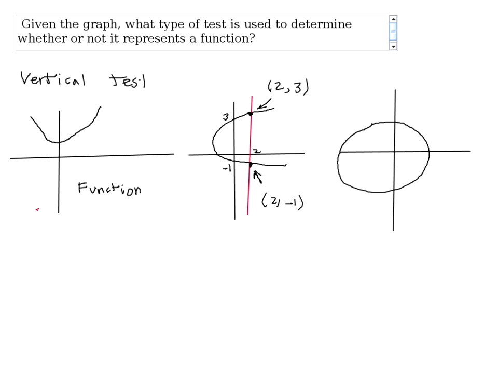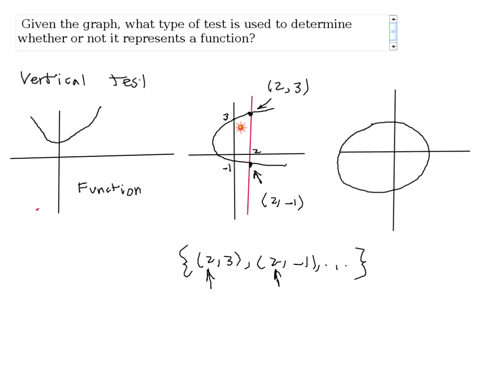So if you look at the set of numbers that represent any graph, if you detect points that share the same x value, what that means is you have 2 points right on top of each other. In other words, you're going to violate the vertical test.